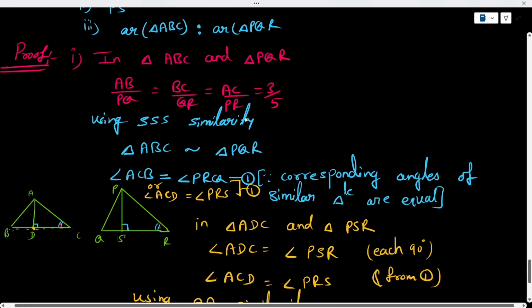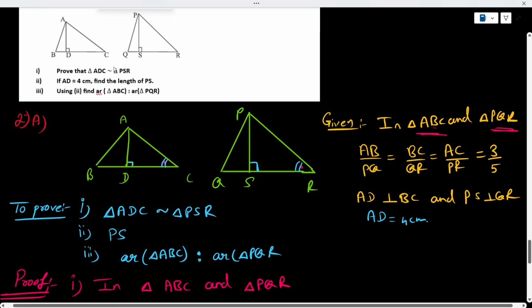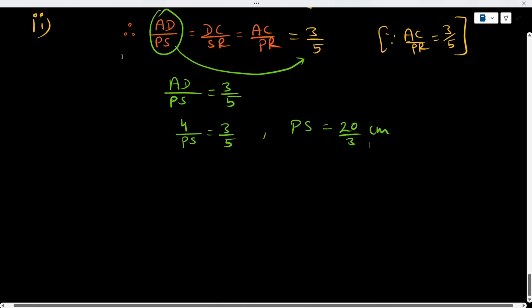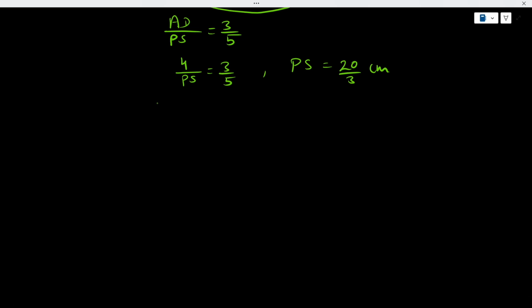Why am I taking centimeter? Because the value is given as 4 centimeter. You know that it's an improper fraction, that's why we need to write it in mixed fraction form, which is 6 2/3 centimeter. This is your second result.